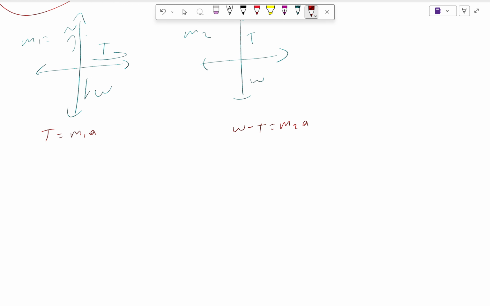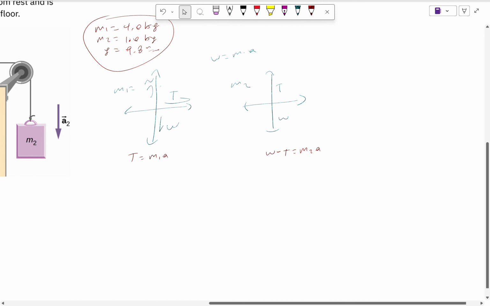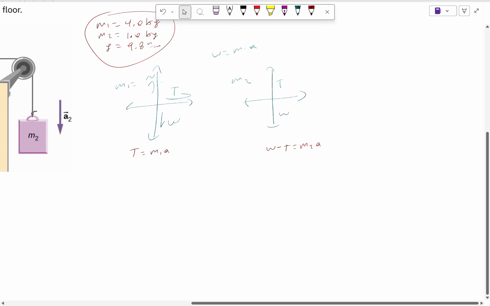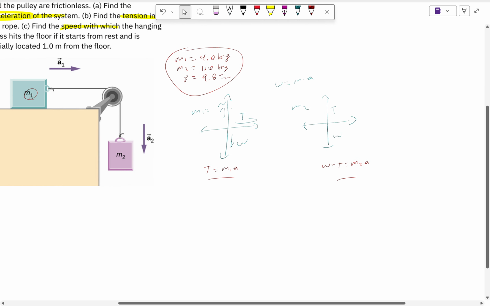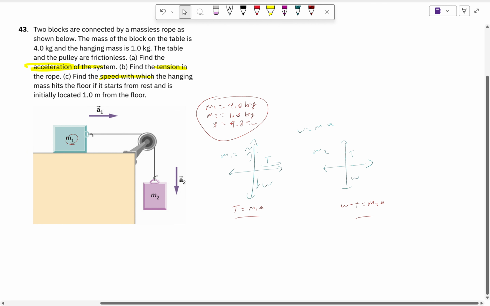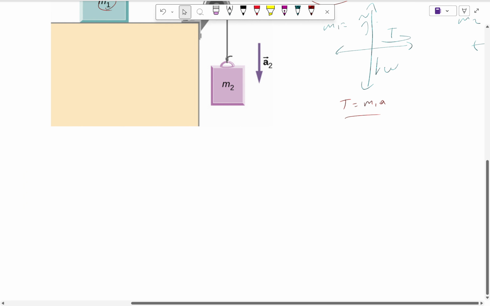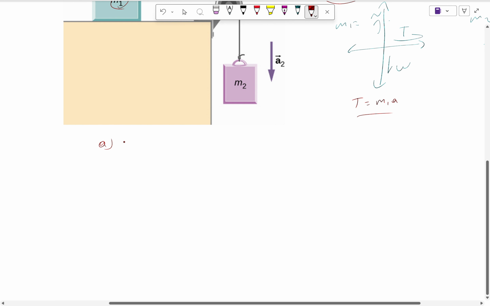All right. Now, what do we do next? Well, now we have the equations for these two, and we're finding acceleration first. So acceleration equals M2G, or we can write it as, remember, W, there we go, minus M1A.